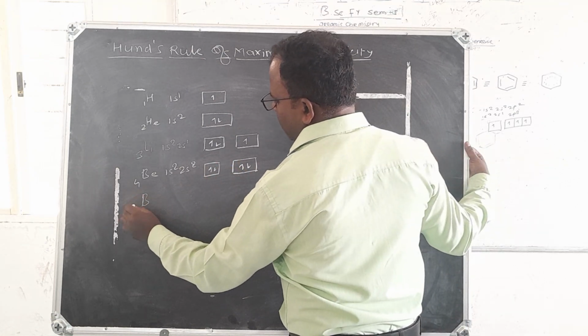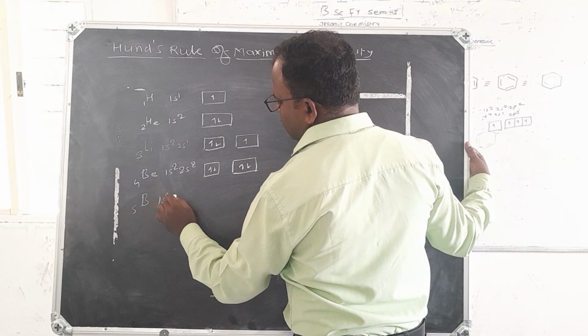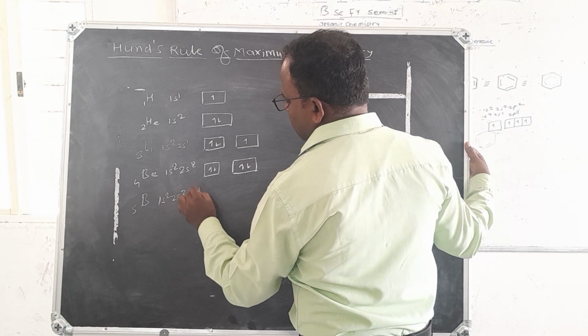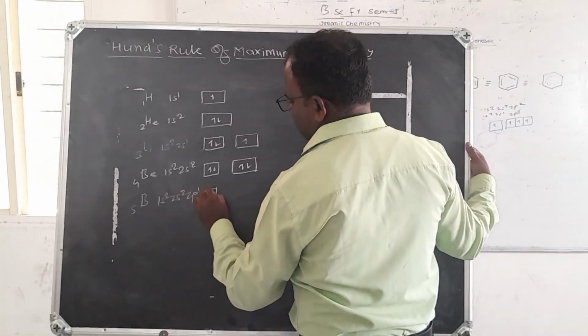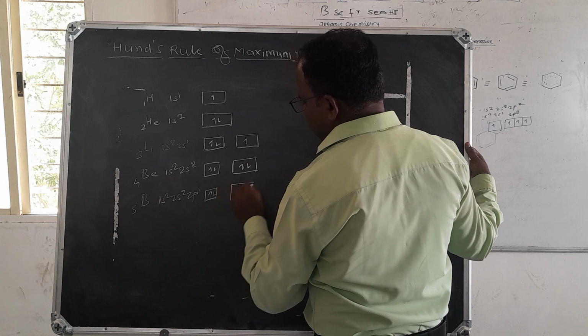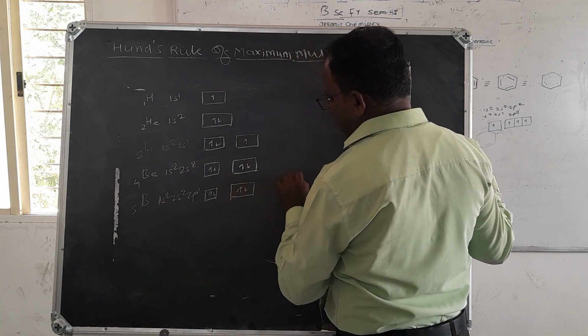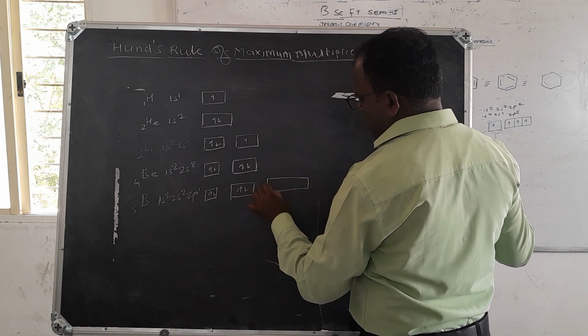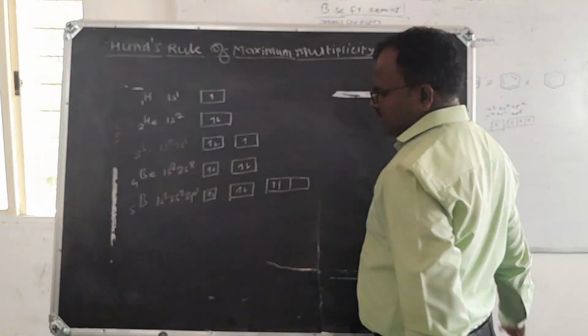Then boron, atomic number 5, 1s2, 2s2, 2p1. In the 1s and 2s orbitals, 2 electrons are present, and in the p subshell only 1 electron is present.